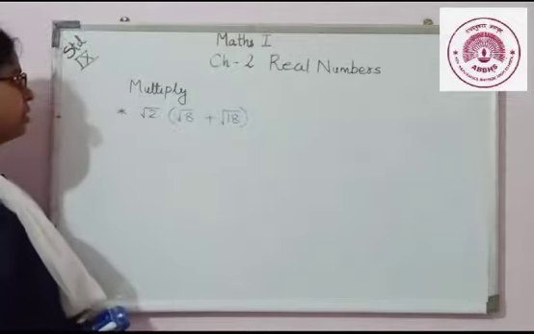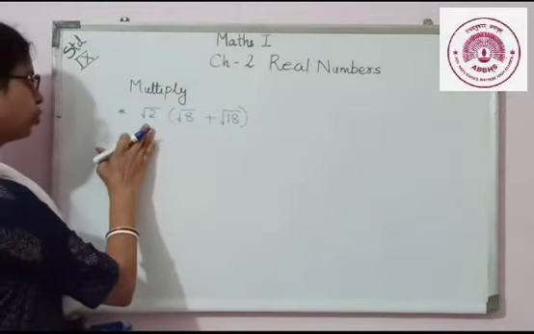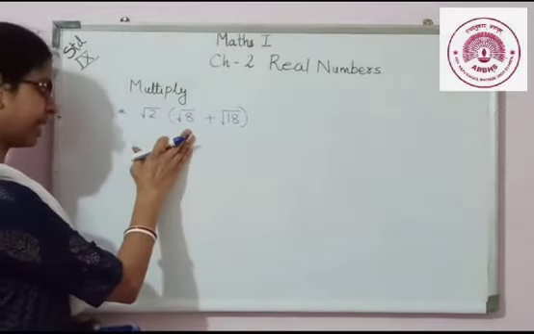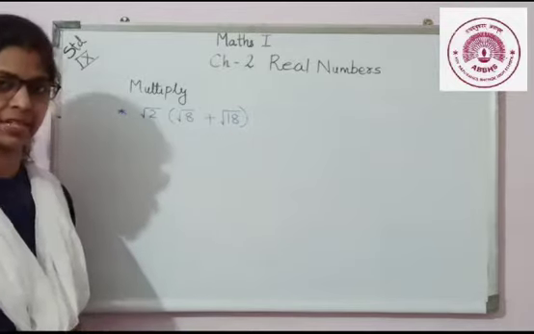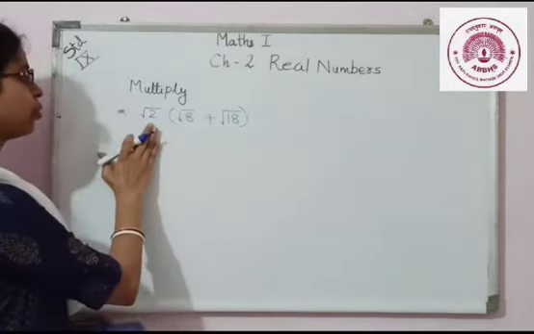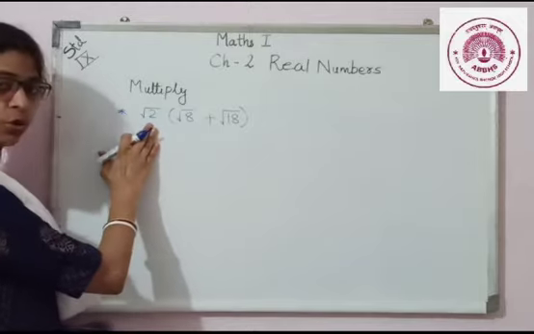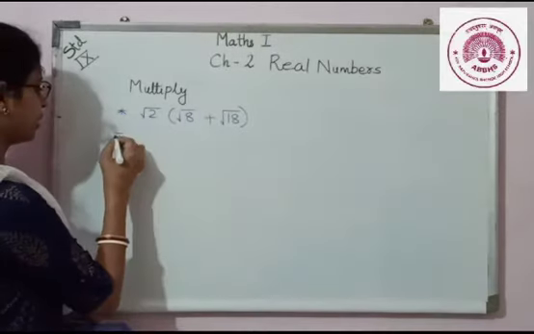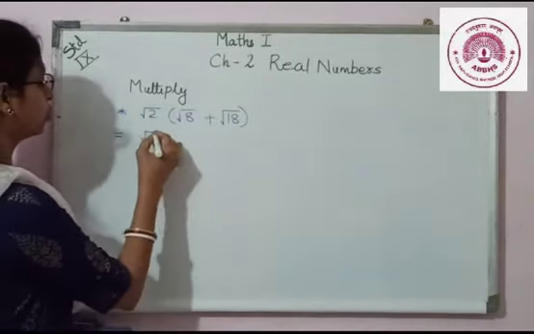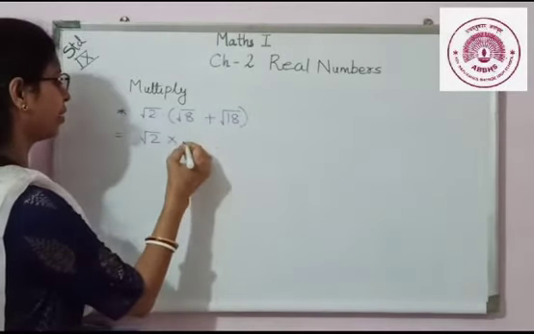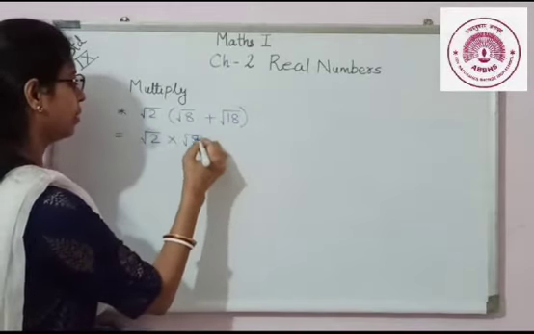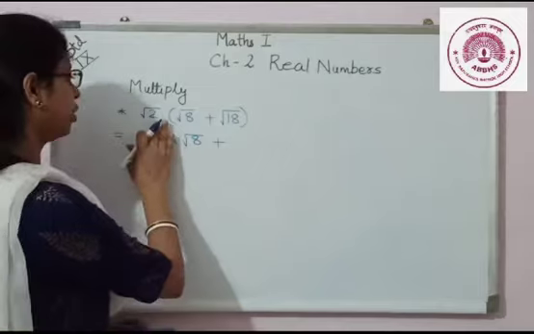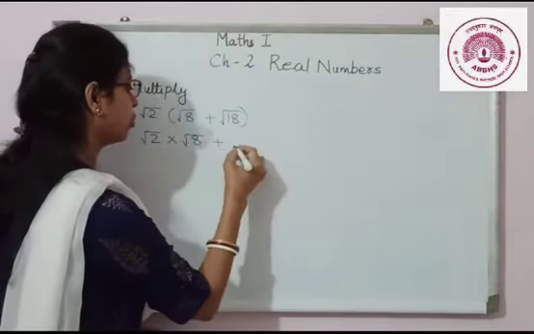Now here the question is to multiply root 2 by (root 8 plus root 18). So here we have to open the bracket with this root 2. So let's do it. This is equal to root 2 multiplied by root 8 plus again root 2 multiplied by root 18.